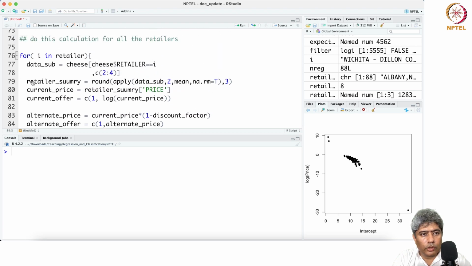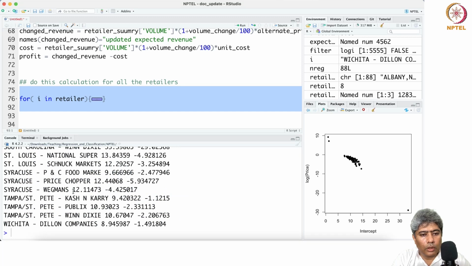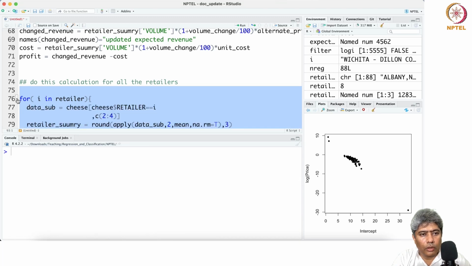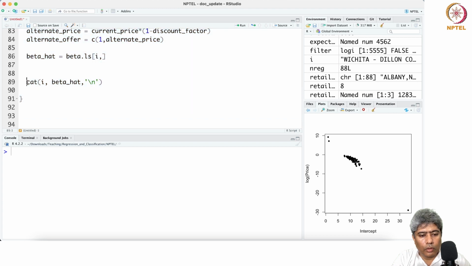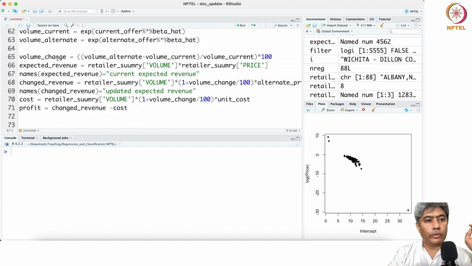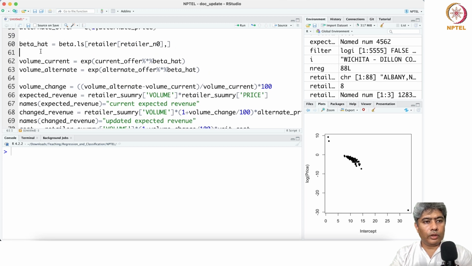So let me just check if it is doing well. Yeah, okay, fine. Now what I'm going to do is calculate the current volume and the expected volume.